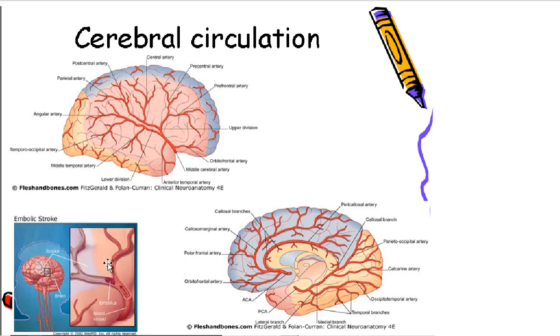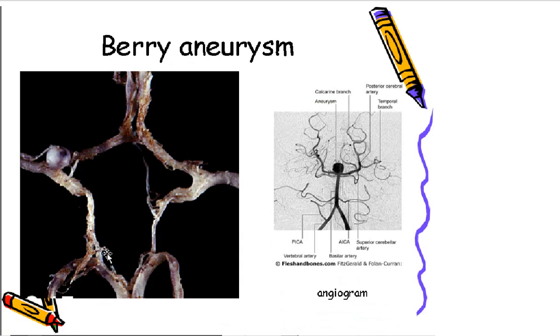Now in the area where the circle of Willis is present, in the interpeduncular fossa, very often you notice certain swellings, and these dilatations of the arterial wall are known as berry aneurysms, and you can see in an angiogram how this berry aneurysm shows up.